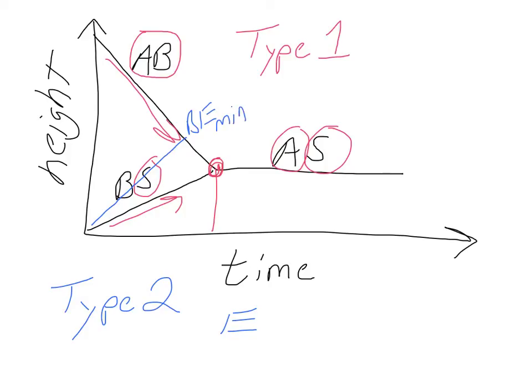There's also another line that might go this way that would be BE maximum. And the resulting concentration profile simply turns into a little bit of a curve instead of a sharp interface.